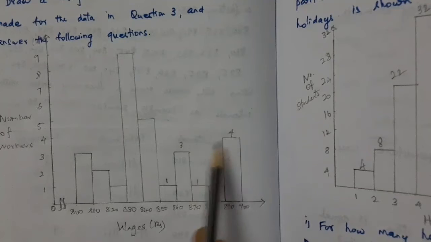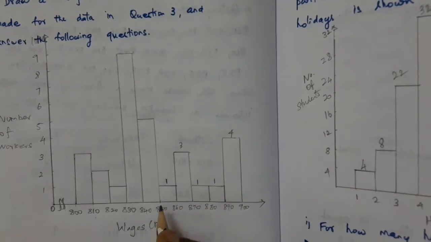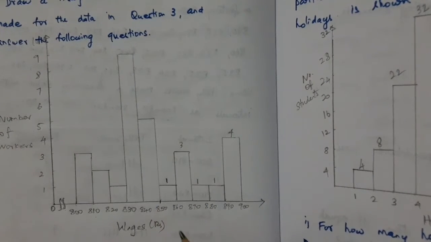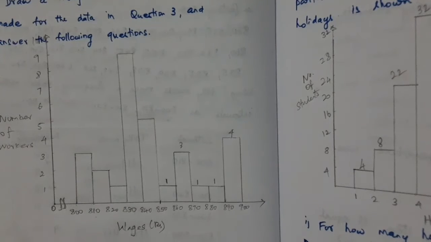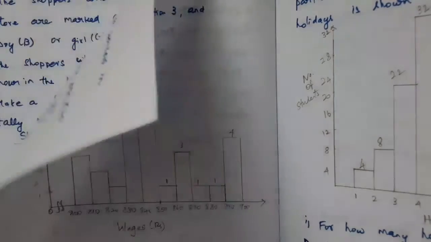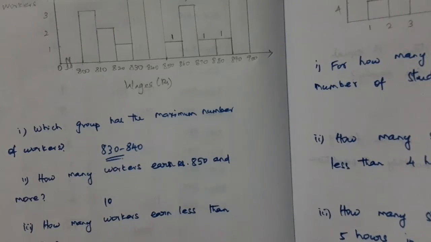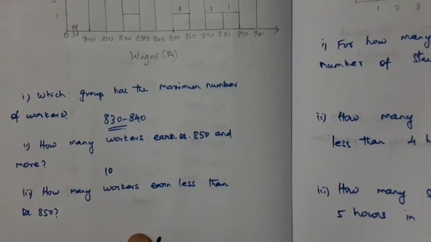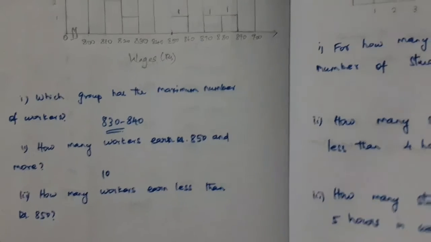Okay, so 4, 7, 8, 9, 10. So here it is 850, right? So the question asked is how many workers earn 850 and more. So from here to here you have to count how many workers are there. From here to here there are 10 workers in total. So I am giving 10 here. Answer is 10.